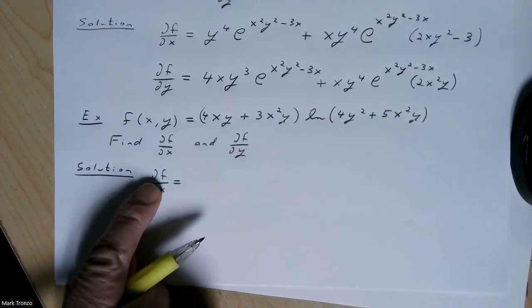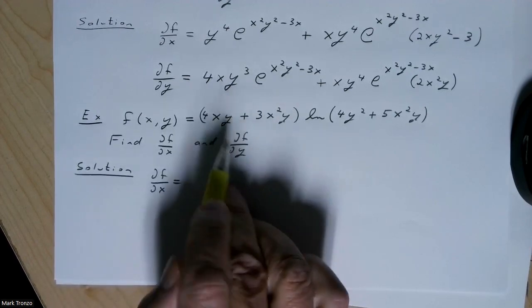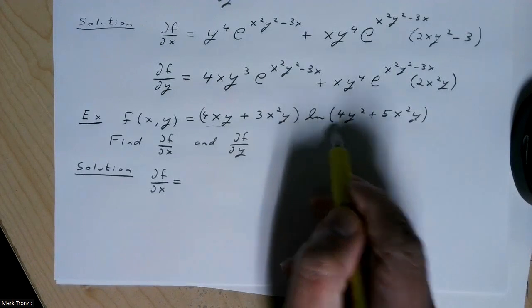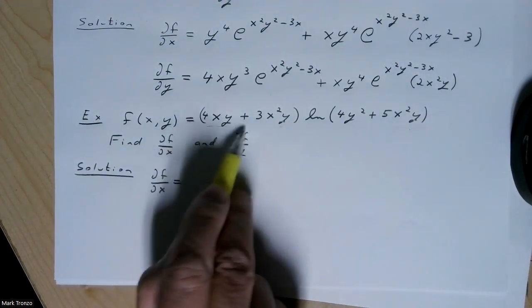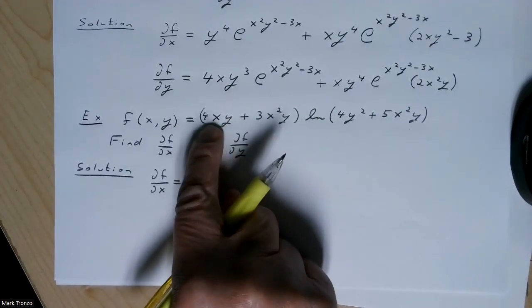And again, take the derivative with respect to x first. So we can consider these two functions, this one times this one. So the derivative of this with respect to x will be right here.